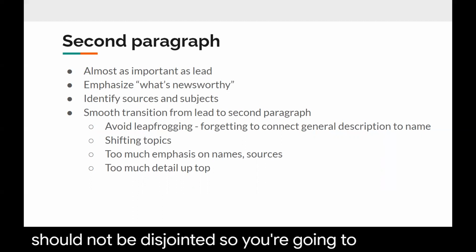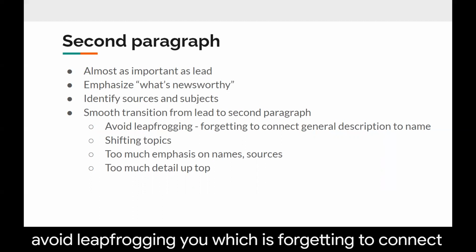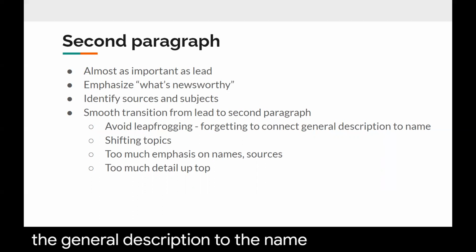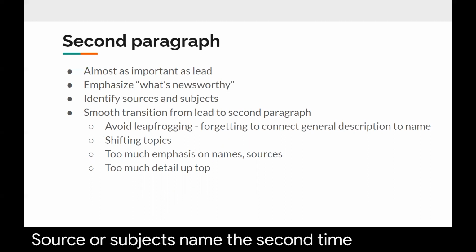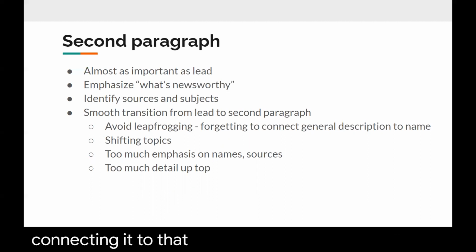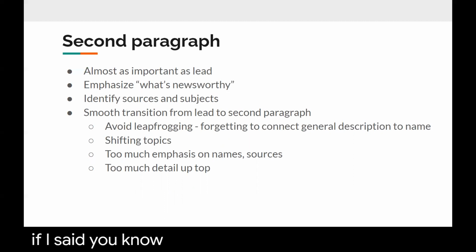So you're going to want to avoid leapfrogging, which is forgetting to connect the general description to the name. You need to be very clear when you're listing the source or subject's name the second time that you're connecting it to that general description. For instance, if I said, a teenager was arrested for committing a crime today.